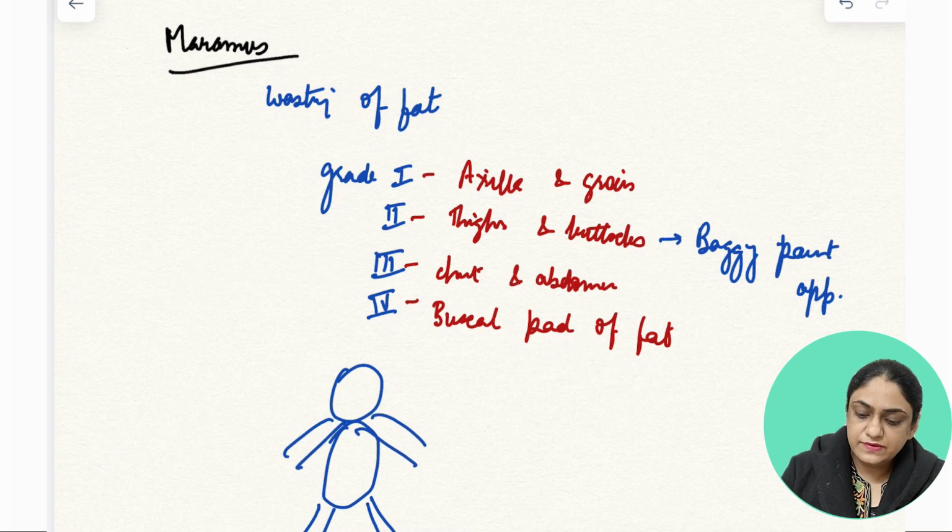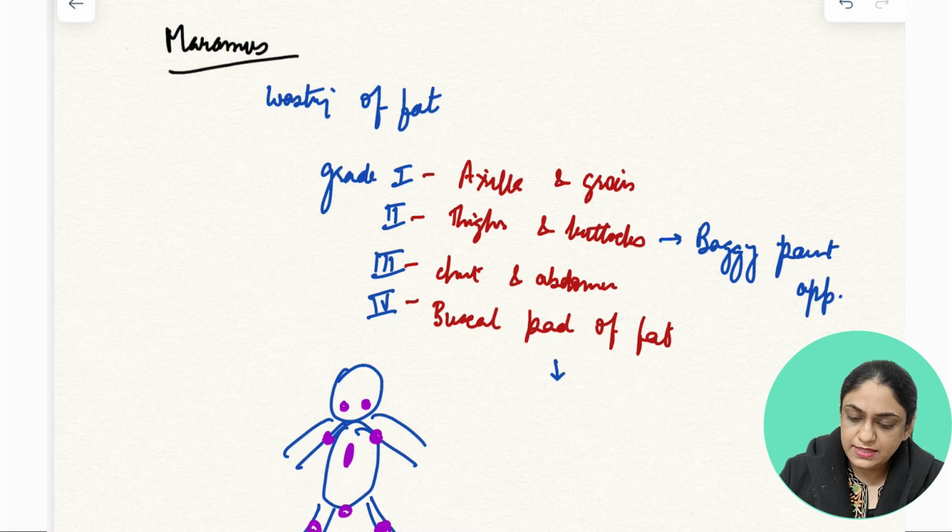Again, you can remember this with the help of a diagram. It will be easier for you. So axilla and groin are first to be involved, then thighs and buttocks, then chest and abdomen, and finally the face.